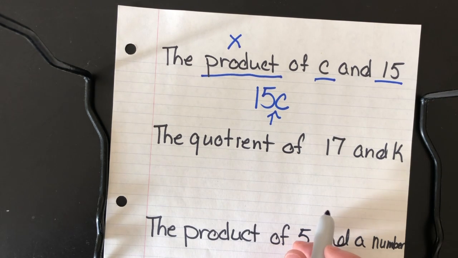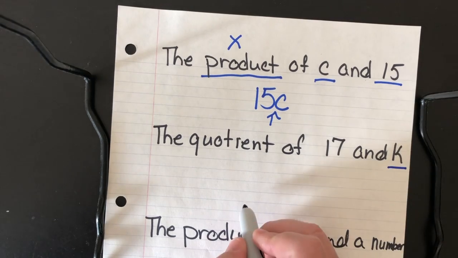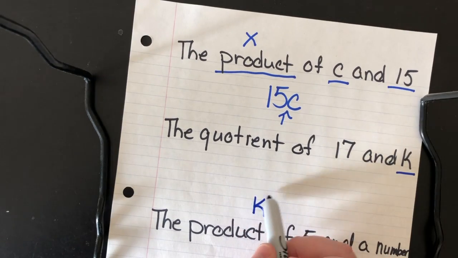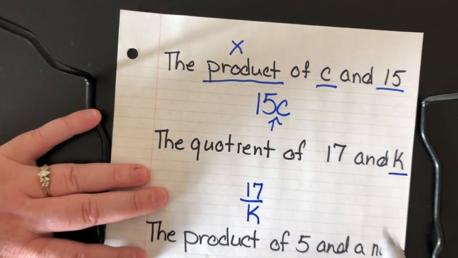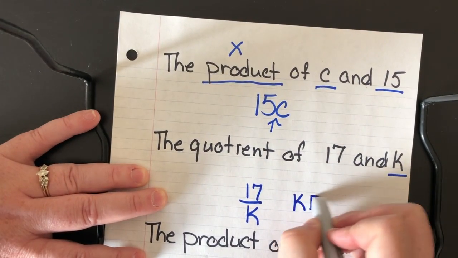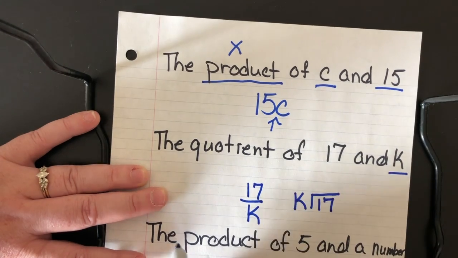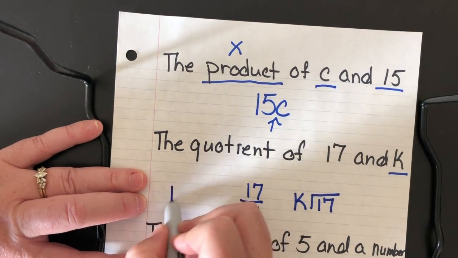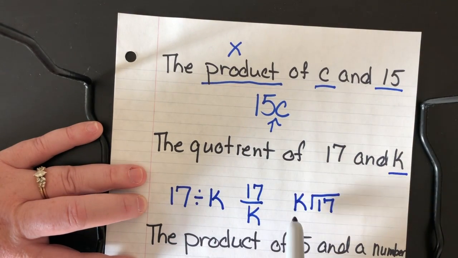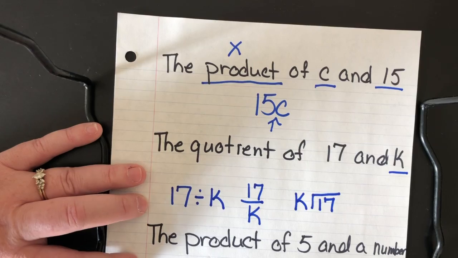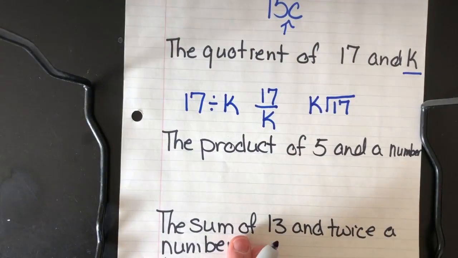So K is going to go on the bottom and 17 on the top. Or K into 17, or 17 divided by K. Any one of those is acceptable.